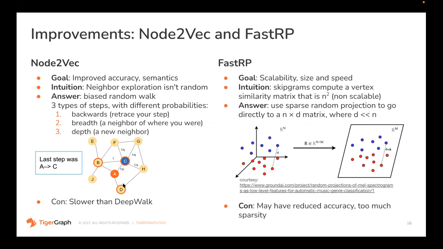Rather than having to generate all the skipgrams, the set of which is the size of the full graph, so it's n squared in size, with FastRP you never need to have that n squared size. You pick a number d, which is much smaller than n, and the size here is only n by d. So again, it uses more randomization. The RP stands for random projection. Not quite as accurate, but it's a big improvement in speed and scalability.